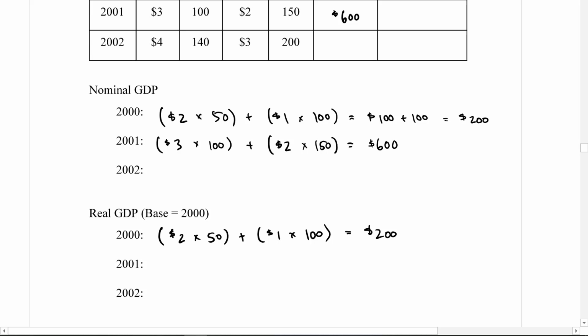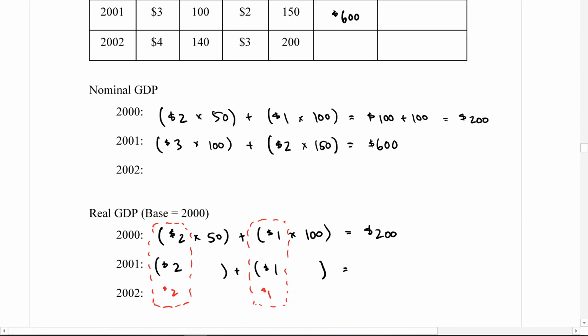Now the big difference is for real GDP, we always use base year prices. So we use 2 here, and we use 1 here. And that's not going to change. So I'm not going to do the third one again, but just make sure anytime you're using real GDP calculations, you always use the same base year prices.